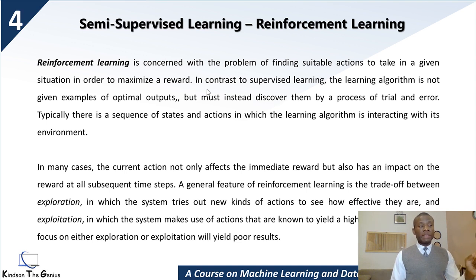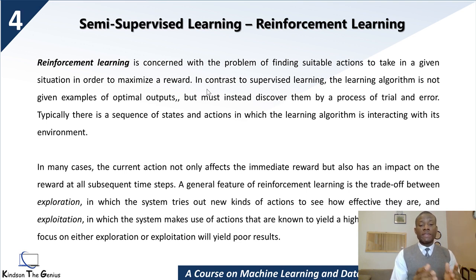Reinforcement learning is concerned with the problem of finding suitable actions to take in a given situation in order to maximize the reward. So in contrast to supervised learning, the learning algorithm is not given examples of optimal outputs, but it must discover them by process of trial and error.